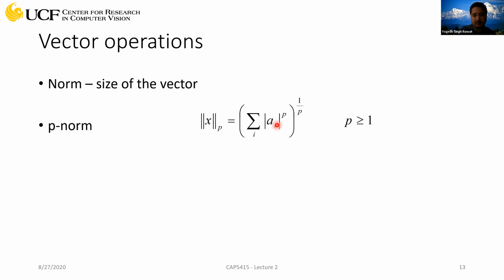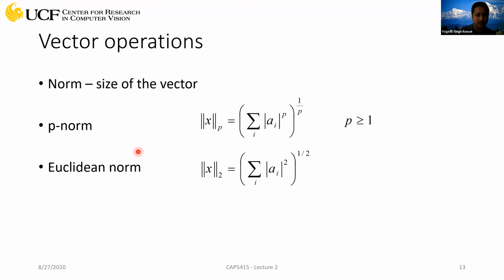For each element of the vector, you raise it to the power of P, and then you sum all the values, and then just take the P-th root of that. That's the general notion, but you can have any value of P ranging from 1 to any larger values. We call it Euclidean norm when you have P equals 2, and you just replace P with 2.